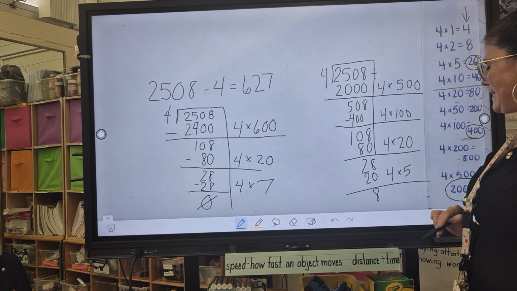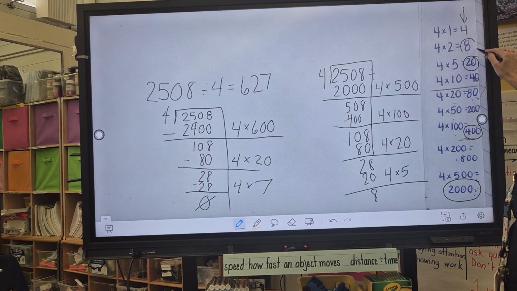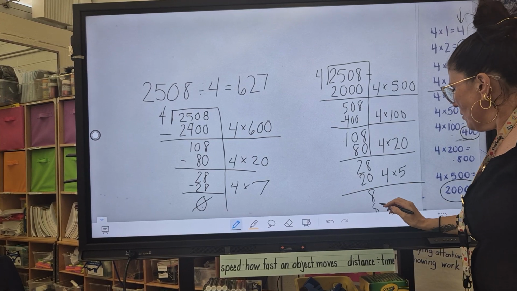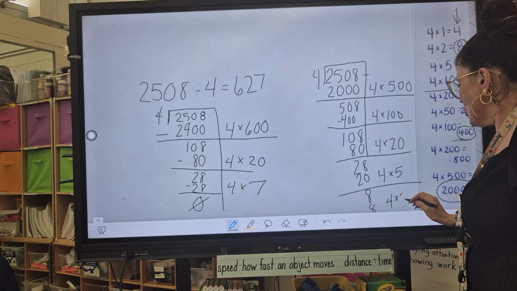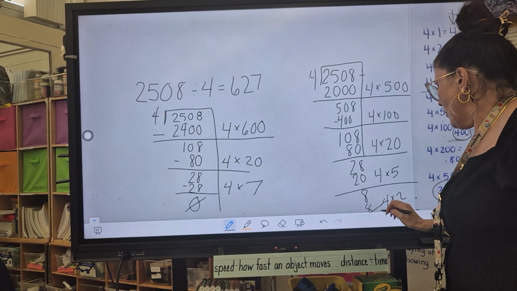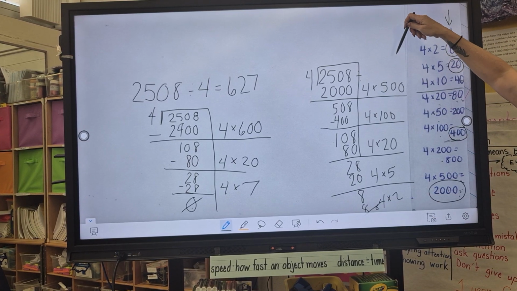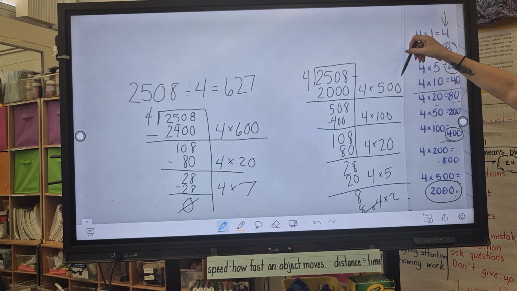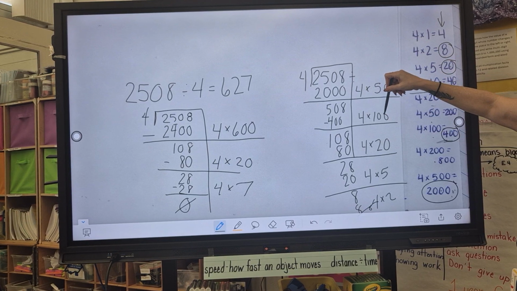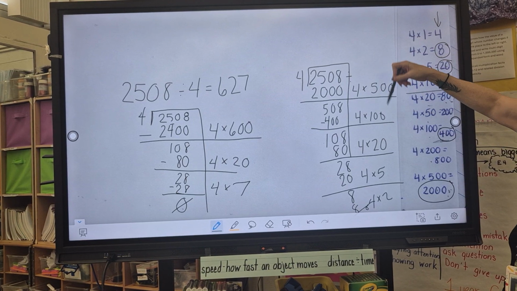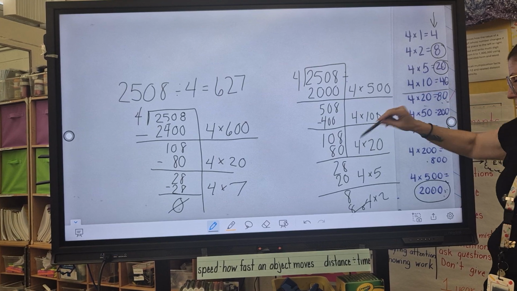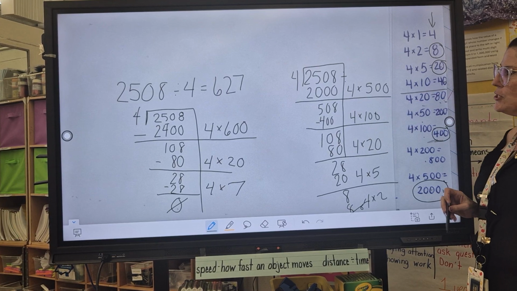That equals 8. And then I can do my 8, which is 4 times 2. So we still get to 0. And now we add up our partial quotients again. 500 plus 100 is 600, plus 20 is 620, plus 5 is 625, plus 2 is 627.